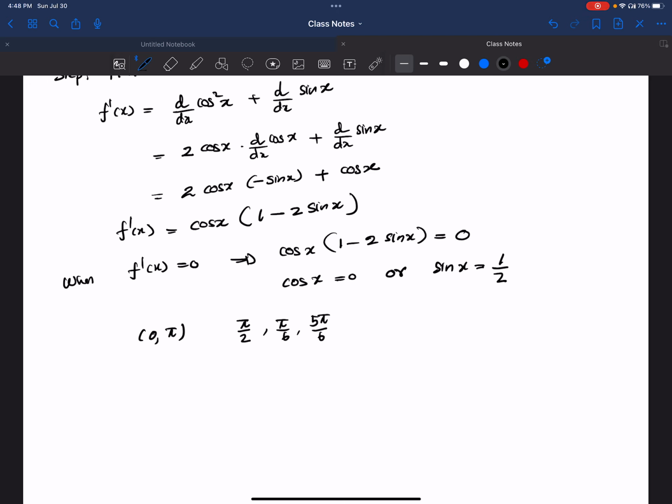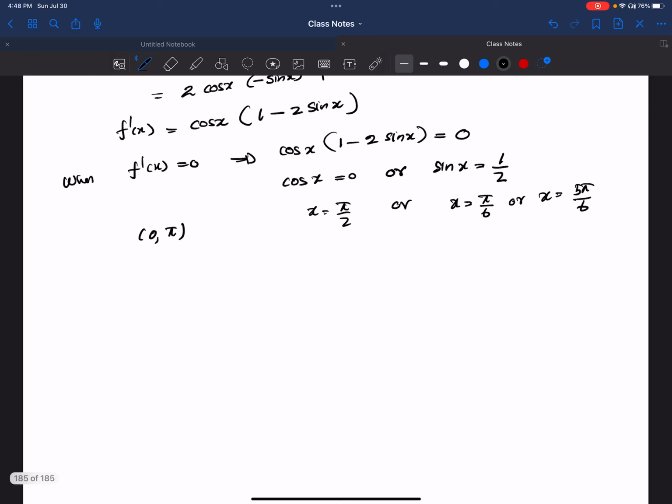So the answers for this equation are x equals pi over 2, or x equals pi over 6, or x equals 5 pi over 6.